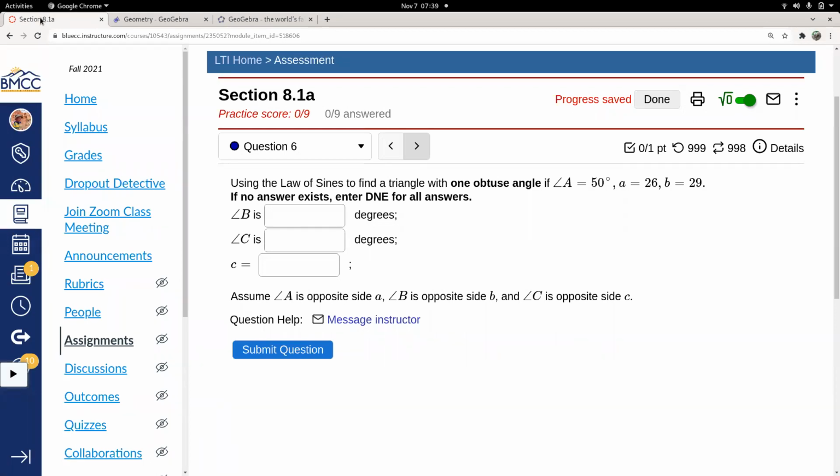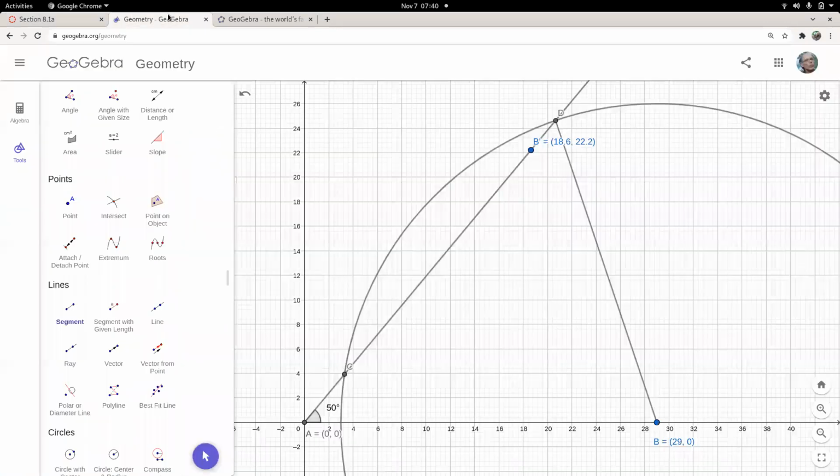Use the law of sines to find one obtuse angle if angle A is 50 degrees. Okay, so what did we get? So here I have 1, 2, 3 acute angles. And if I go back, undo that, and go to the other triangle, all right, here I get an obtuse angle for angle C here. It's going to be an obtuse angle.